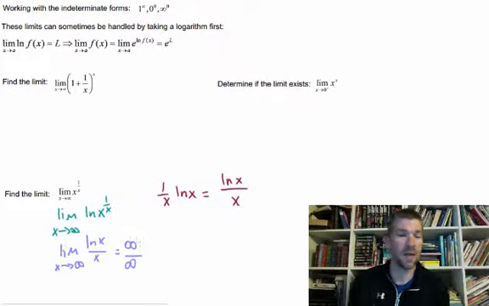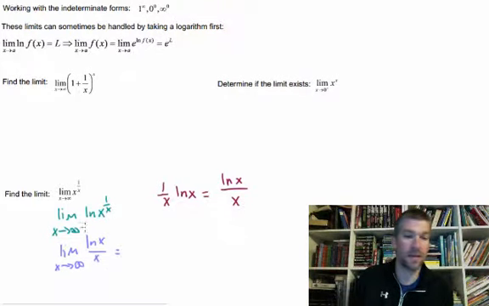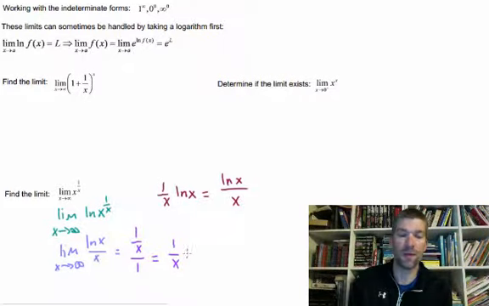So we're left with this guy, which means that we have to take the derivative of the top and bottom, use L'Hopital's rule. And when we do that, the derivative of the natural log then becomes 1 over x. So we like that. Hey, that's pretty easy. And the derivative of x is just 1. So when we do all of this, what we're going to find is when we look at the limit as x approaches infinity of 1 over x, we get 0.